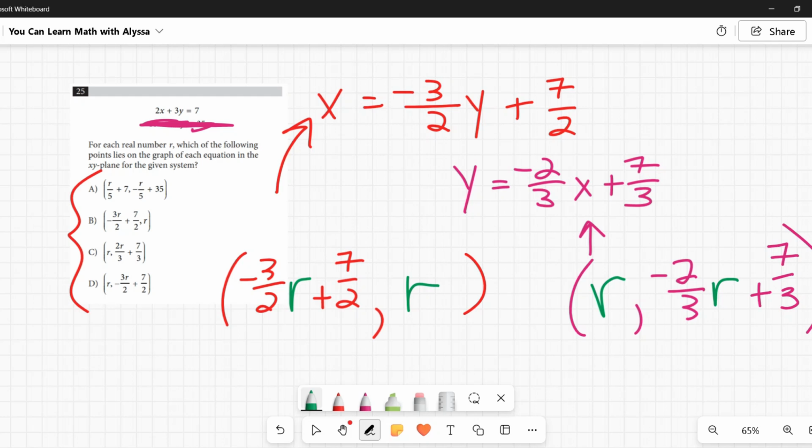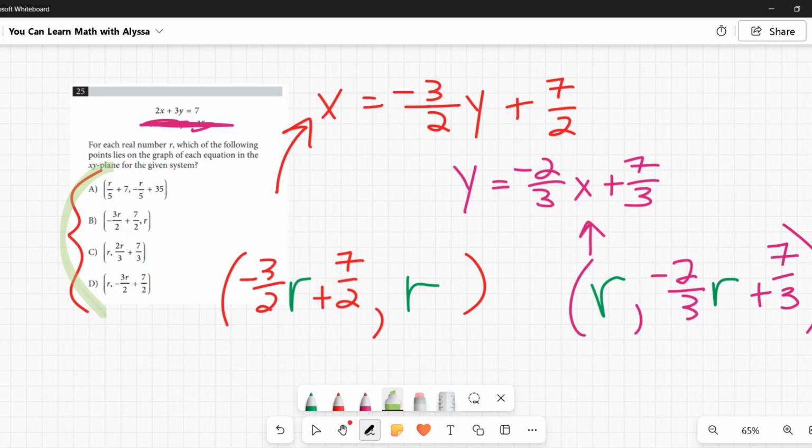If I pick any real number r and I plug it in for y, then the x value for that ordered pair would be negative 3/2 times that real number plus 7/2. Or I could pick a real number and plug it in for x, and then my y value is going to be negative 2/3 times that r plus 7/3.